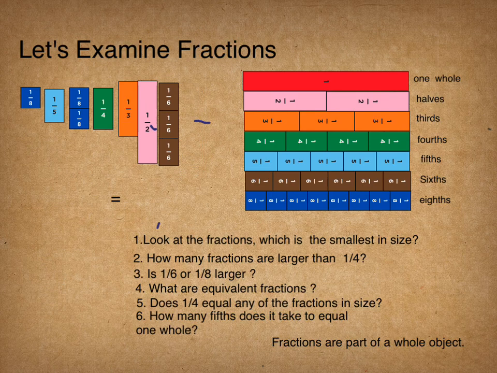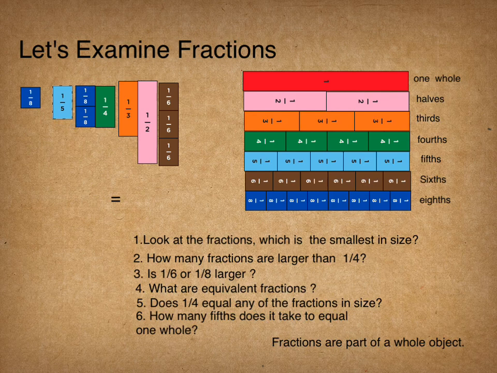And we should be able to make some math statements about what we're looking at. So as we examine them, we can see the size. Some of these look to be about the same size.